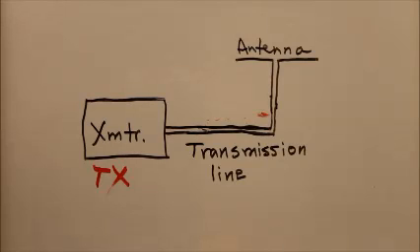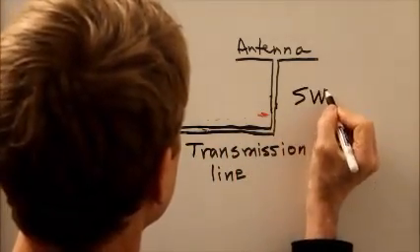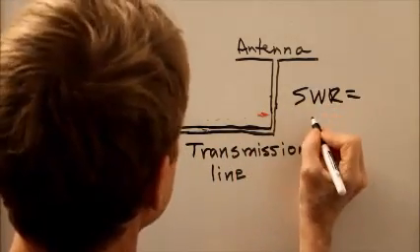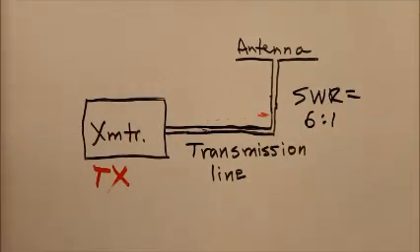So we're going to have a certain amount of loss in that transmission line, no matter how well we match the antenna to it. But now let's suppose that we have a mismatched antenna. Let's say that we have a standing wave ratio on this antenna of 6:1, something pretty high.